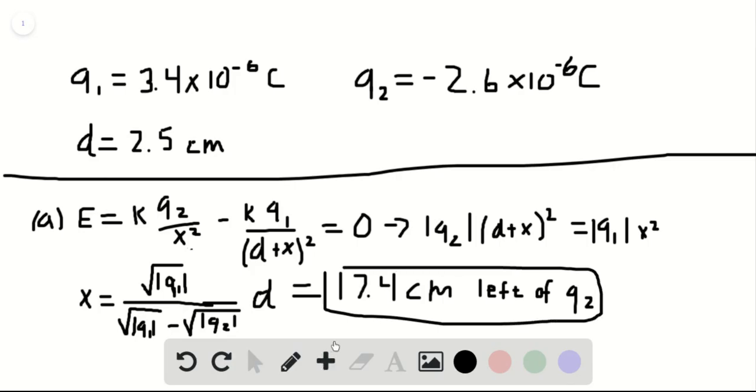Okay, now we're going to do something similar, except this time we're going to find where the potential is equal to 0. So let's start a new page, and this is part B. Sorry about that. There we go.